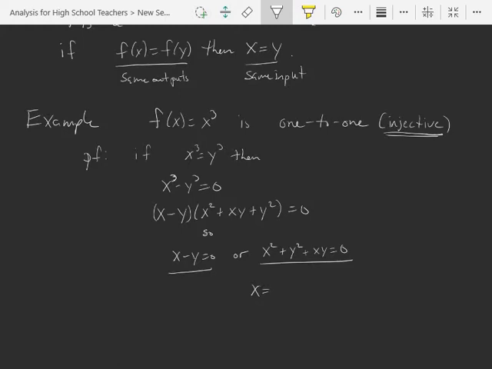So x equals negative y plus or minus the square root of y squared minus 4 times 1 times y squared, over 2. So x equals minus y plus or minus the square root of negative 3y squared, over 2. This is imaginary.